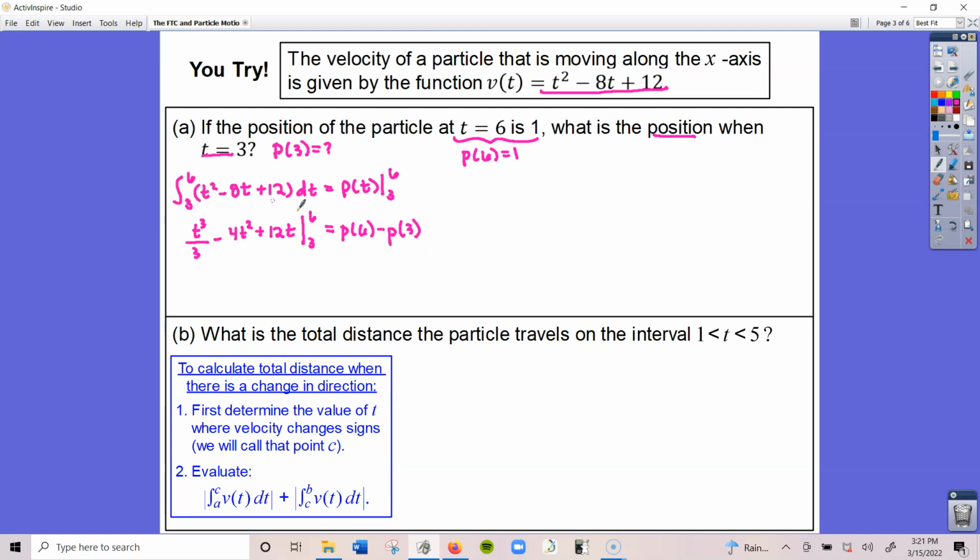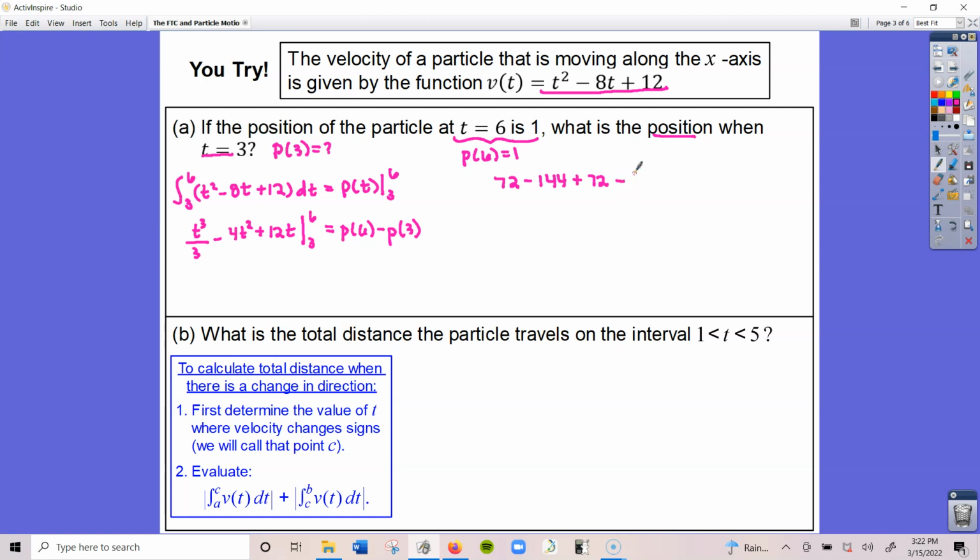Now let's work out this side here. If I plug in the 6, 6 to the third is 216. And 216 divided by 3, because I'm plugging it in here, is 72. Minus 6 squared is 36, and 36 times 4 is 144, plus 6 times 12 is 72.